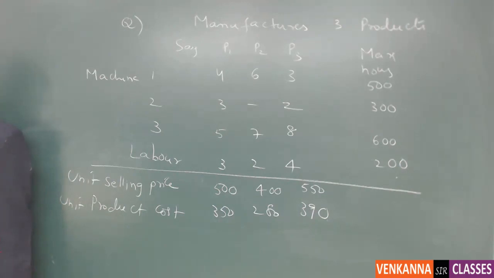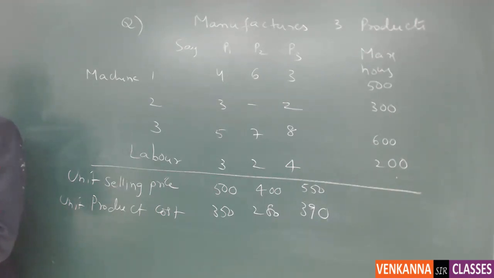After noting this, you please inform. What is the variation compared to the previous problem? There you have only two products, here three. In the previous one, profit is given straight away.